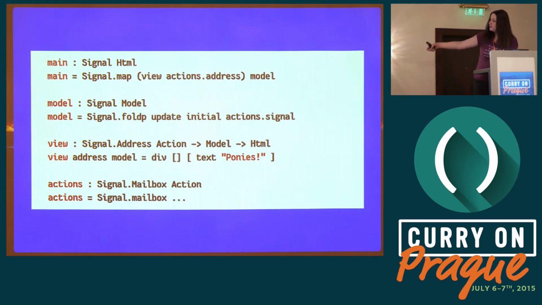And you have the signal mailbox and signal address things there, which I'm not going to bother with the details of, but essentially from inside your HTML document, you can feed actions back into the main loop. So you start over again, and these actions will alter your model potentially, and we go around. And it's a very, very neat and clean model. It's like just a pipeline, essentially, that is expressed by very few functions.